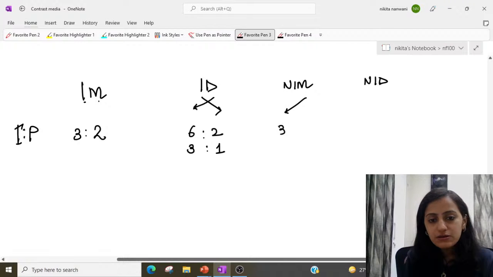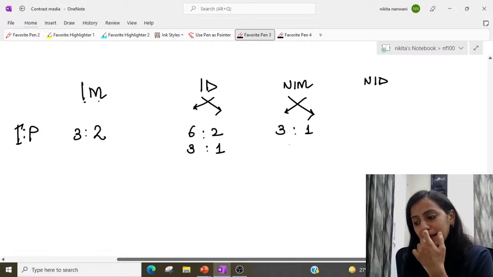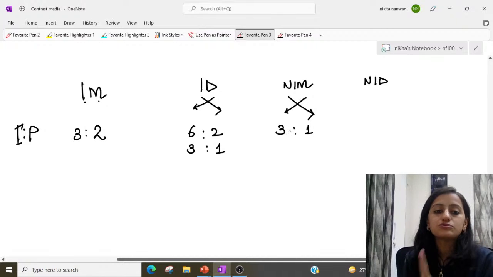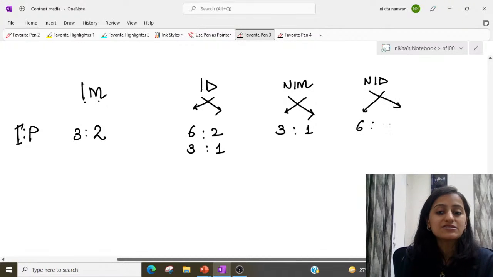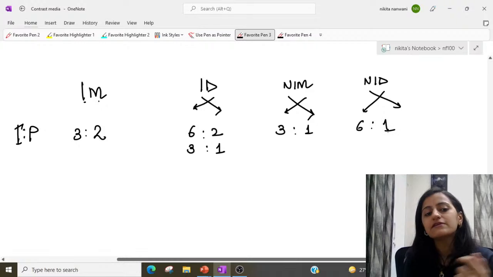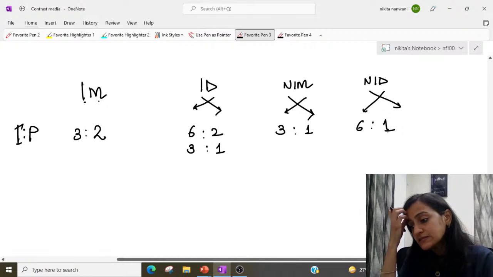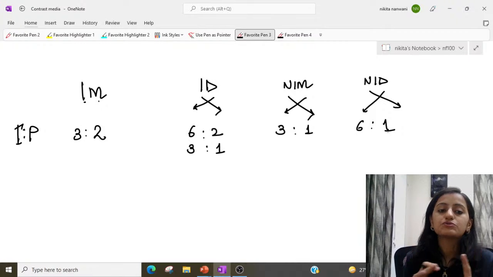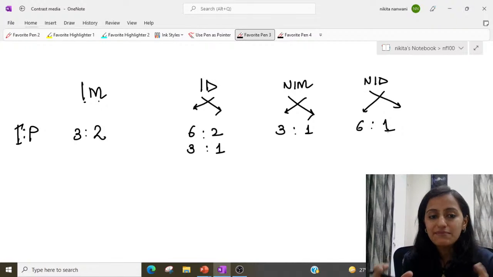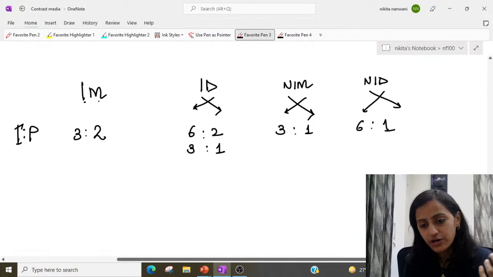Non-ionic monomer: 3 iodine, 1 particle, so 3:1. Non-ionic dimer: 6 iodine, and non-ionic does not ionize, so 1 particle. So this is going to be the iodine particle ratio. Look at whether it's monomer or dimer, whether it is ionic or non-ionic.